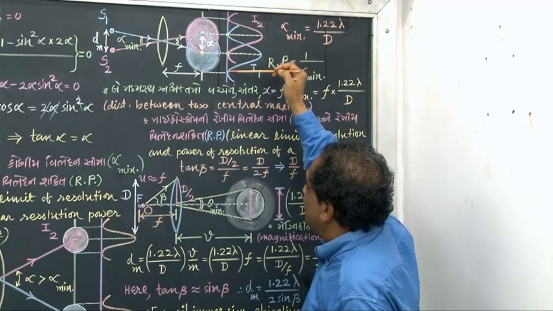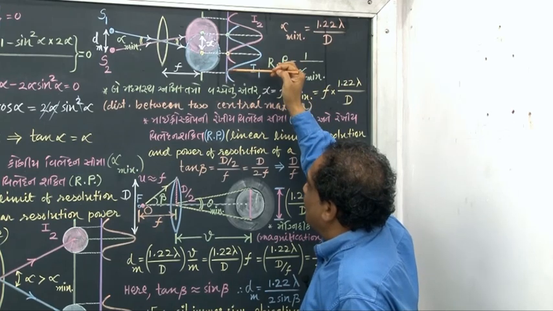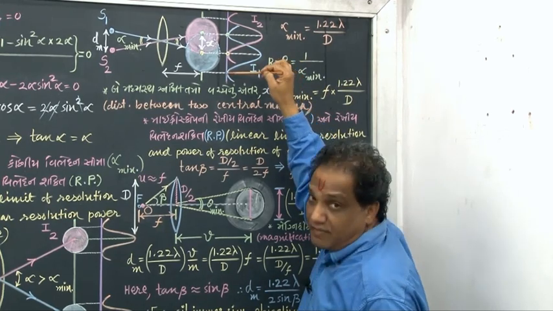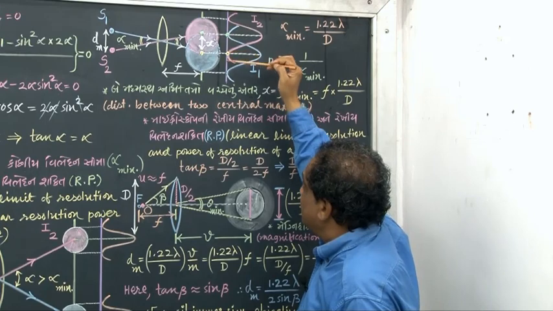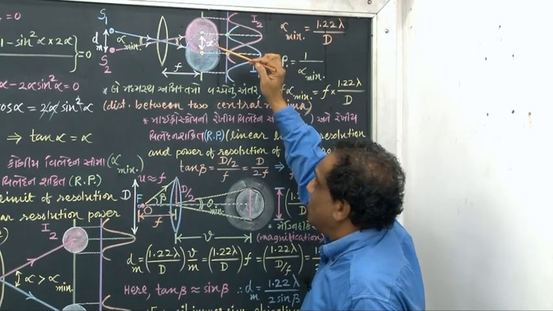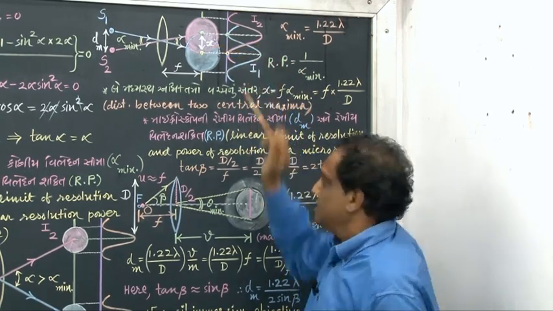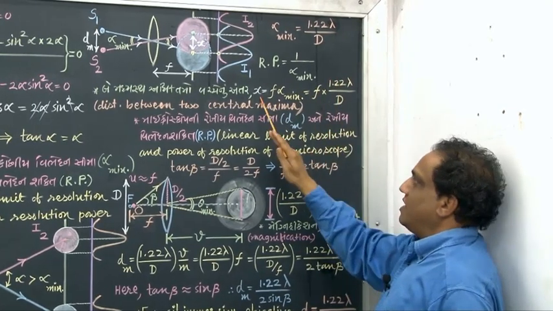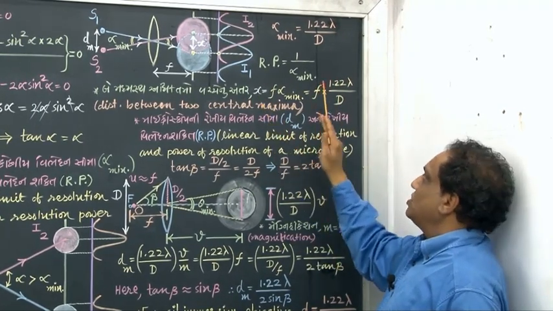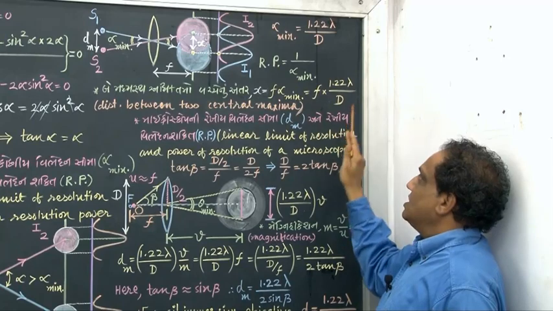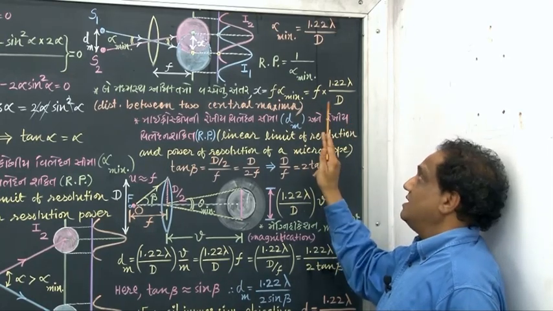From here to here you can see these two are first order minima, and the distance between two first order minima is called the width of central maximum. It is not x but 2x, so the width of central maximum will be double this.